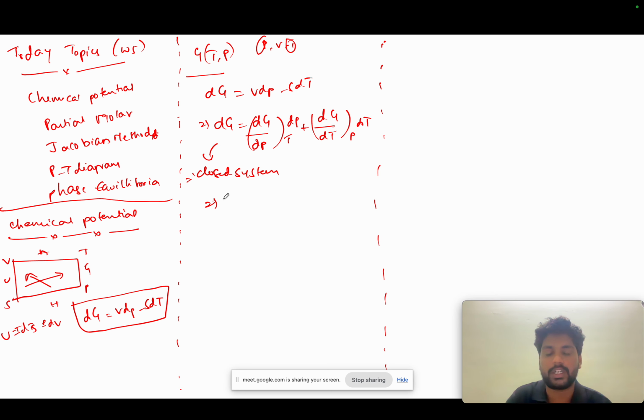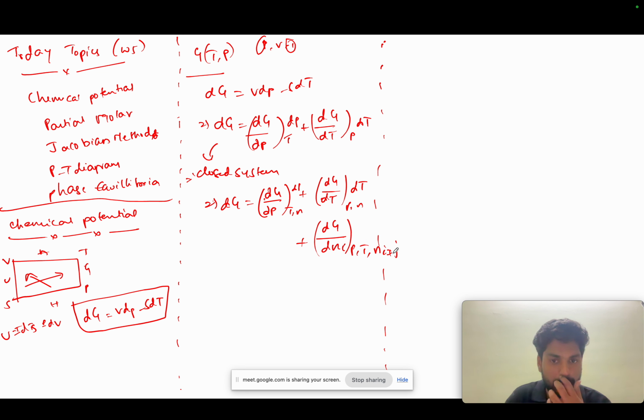If I have a number of different components, then the same goes like this: (dG/dT) at P, n dT plus (dG/dP) at T, n dP, plus the sum of (dG/dni) at P, T, nj, where i is not equal to j. Here we are not taking the same compound, so i is not equal to j. If it is n1, then we are keeping n2, n3, n4 and so on constant. This equation we all know from previously.